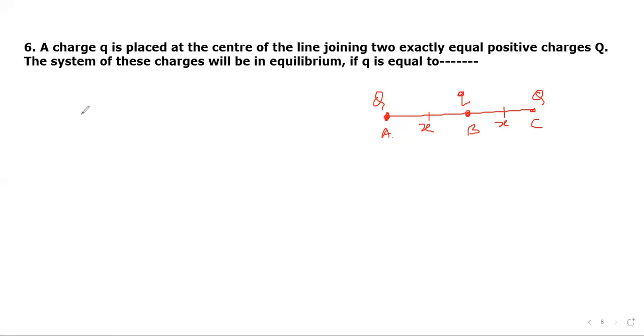So we can say Qq divided by 4 pi epsilon naught x square plus, if q is negative, then in this direction there will be a force of attraction between small q and capital Q, and due to this Q charge at C and this Q charge at A, there will be repulsion which will be in this direction. Their sum must be 0. Only then will the system be in equilibrium.